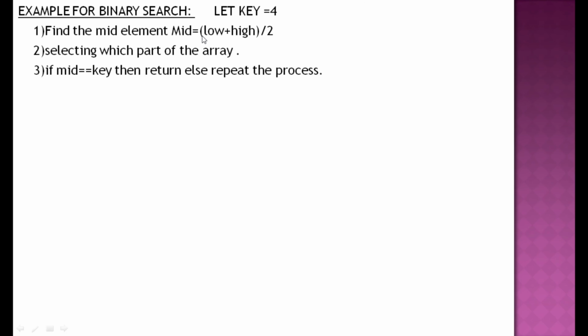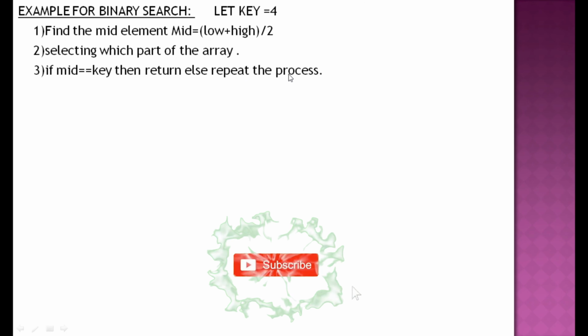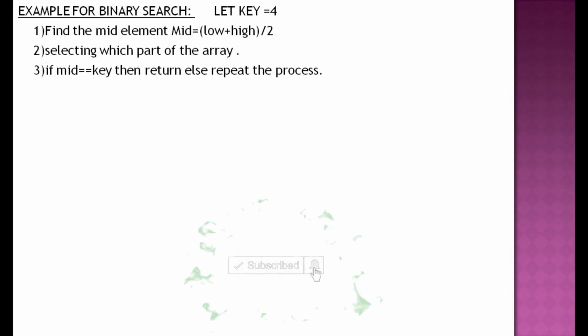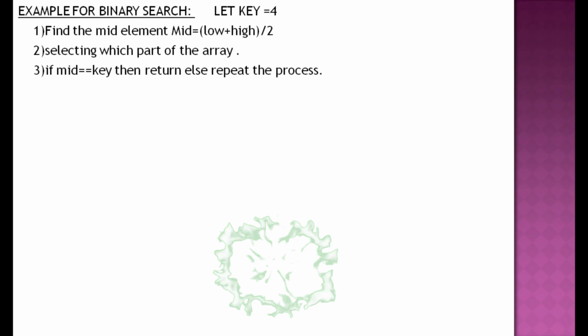Here the key value 4 is either present in the left subpart or the right subpart, so we have to select which part of the array. If mid is double equals to key, then return, else repeat the process. If the key value is equal to the mid value, then it will return and print the value, or else we will repeat the process.